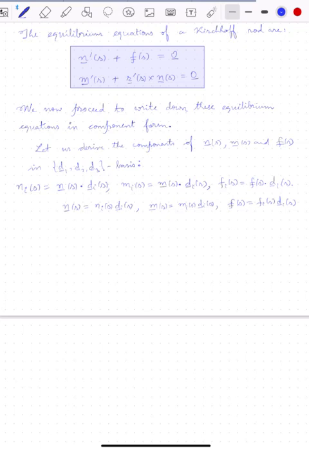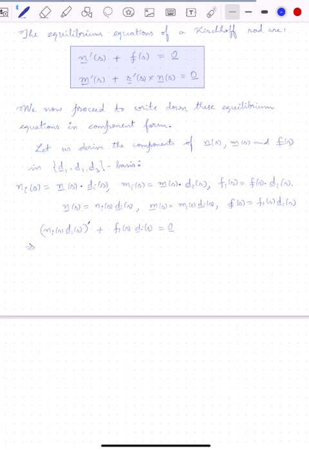Once we have this setting, now we can put it back into our equations. So Ni of S Di of S, whole prime, plus Fi of S Di of S is equal to 0 vector.